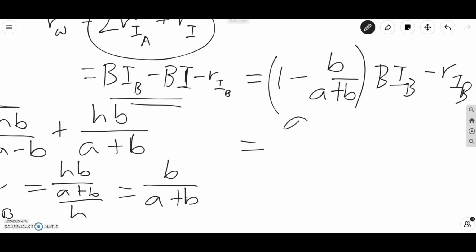And this is simply A over A plus B times BIB minus RIB.